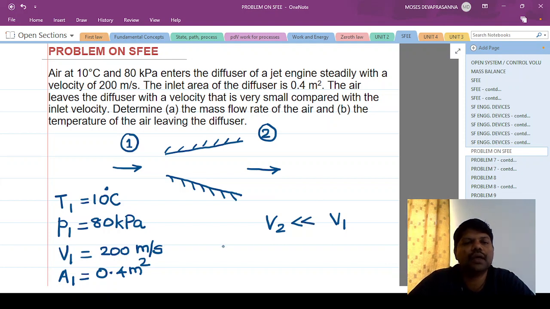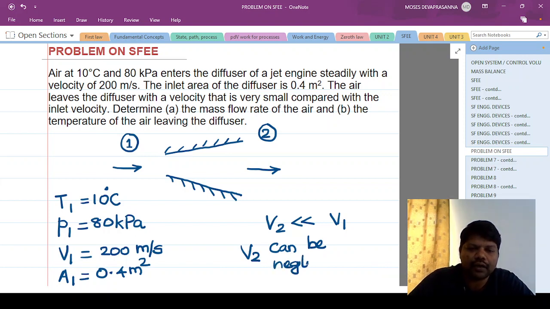So V2 can be neglected. In solving this problem, V2 can be neglected. That is what we can understand by this statement.